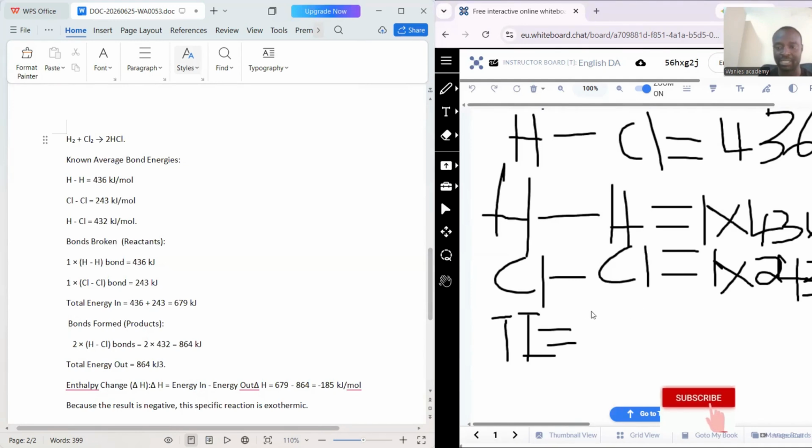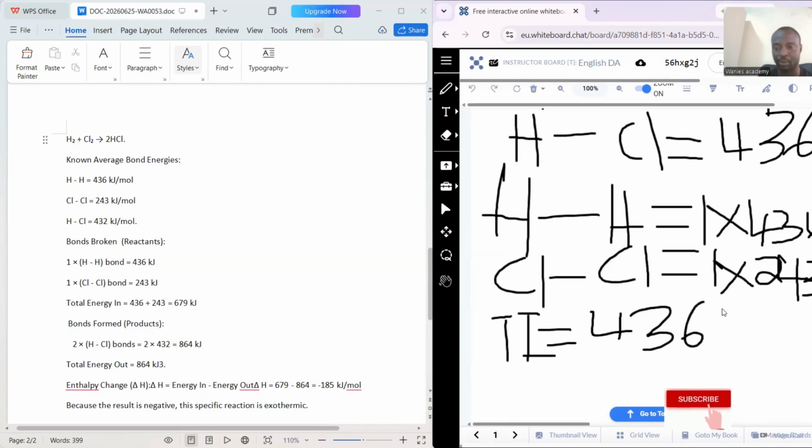So 436 kilojoule per mole plus 243 kilojoule per mole will give us 679 kilojoule per mole.